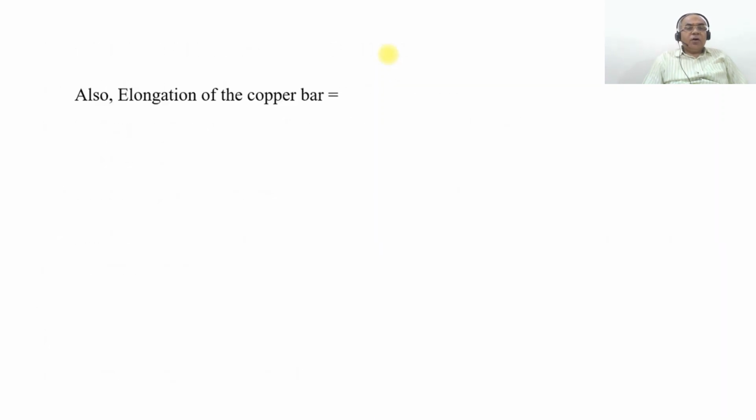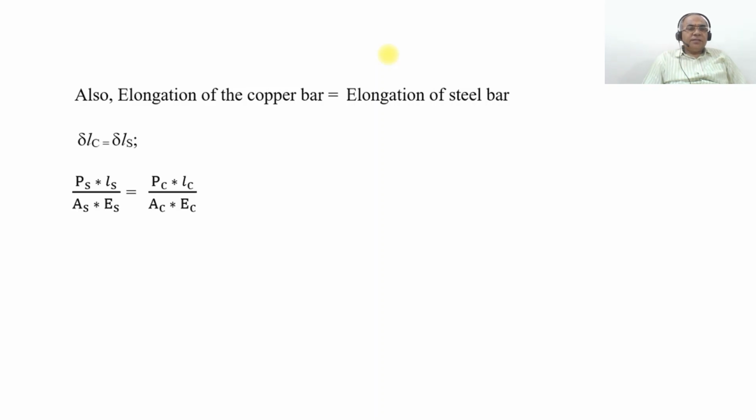Now, the elongation of the copper bar will be equal to the elongation of the steel bar, so delta LC will be equal to delta LS. Delta L is nothing but P into L by A into E. Since the elongation of the copper bar is equal to the compression in the steel bar, PS into LS by AS into ES is equal to PC into LC by AC into EC.